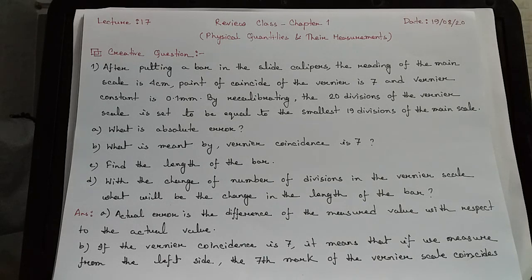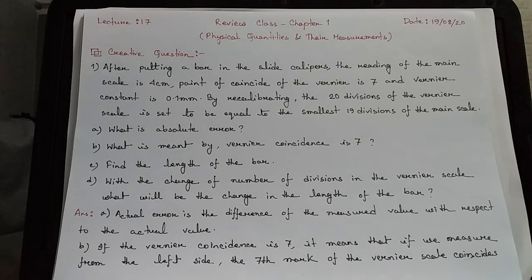Chapter 1 was physical quantities and their measurements, and all of you know that the contents of this chapter include different kinds of physical quantities, derived quantities, fundamental quantities, their measurement techniques, some suffixes and their usage.